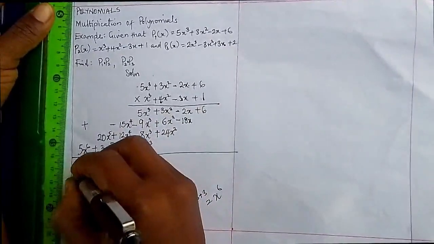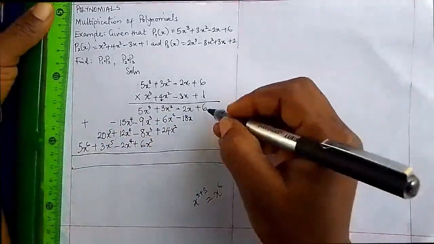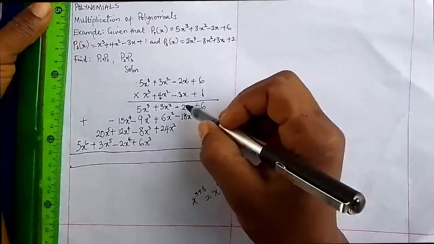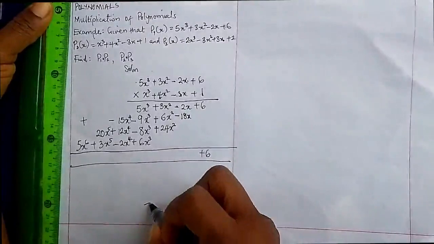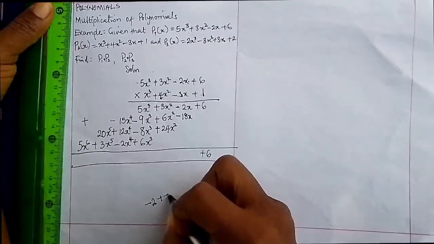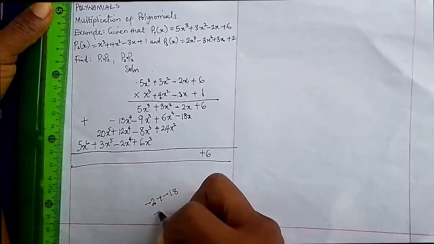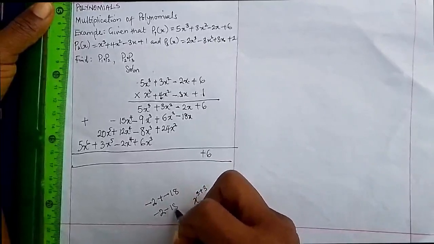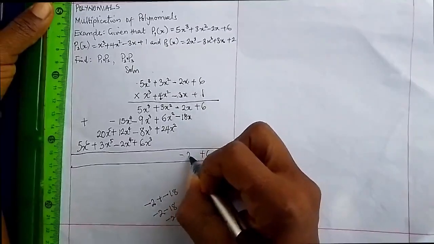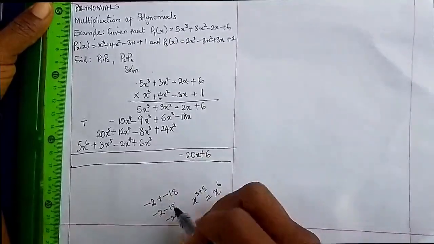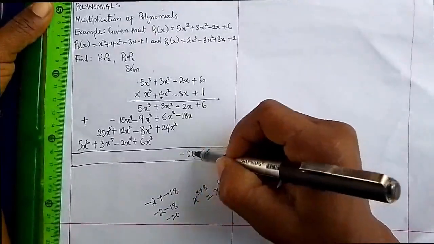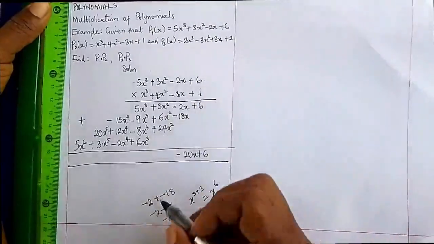Now let's add everything that we multiplied together. We have plus 6 comes down, then we have here minus 2 plus minus 18. So what we have here is minus 2 minus 18, which will give us minus 20. So we have minus 20x. I did not include the variable here because let's add the figures first, then we bring down the variable when we get to the addition.